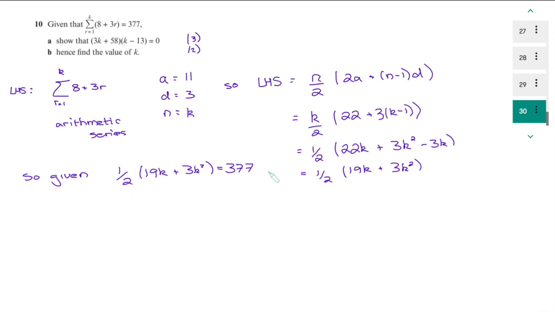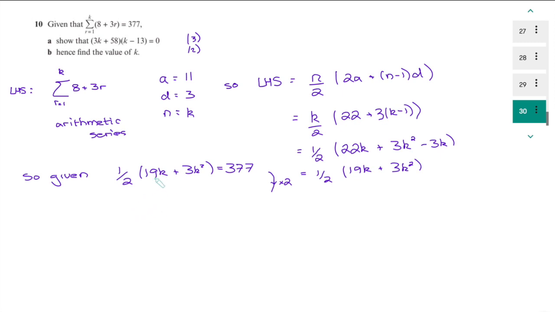I really don't think at A level you need to do this, but do you know what? It's not a bad habit to get into to show exactly what you're doing. I'm going to multiply both sides by 2 to get rid of a half. If nothing else, when you come back to review your question in an exam, it's showing you exactly what you did. This is going to be much more helpful in quickly reviewing, have you got it right, or spotting silly errors.